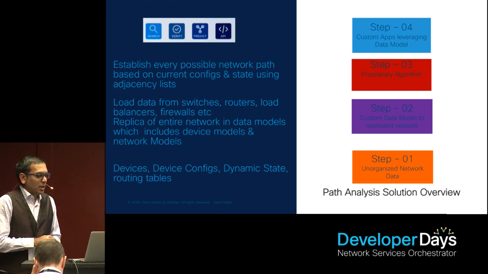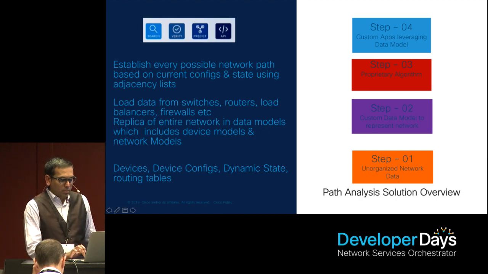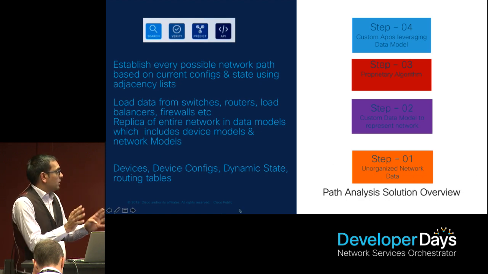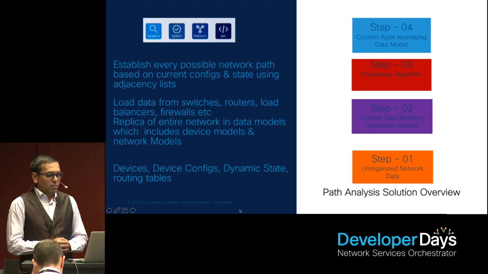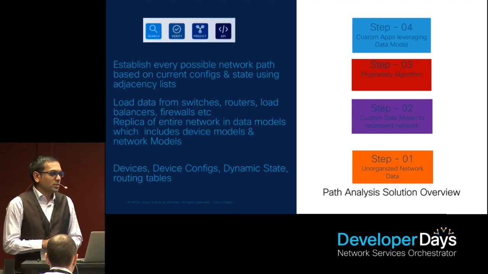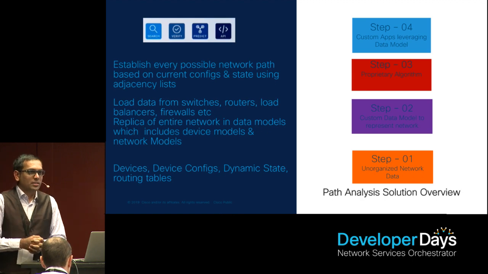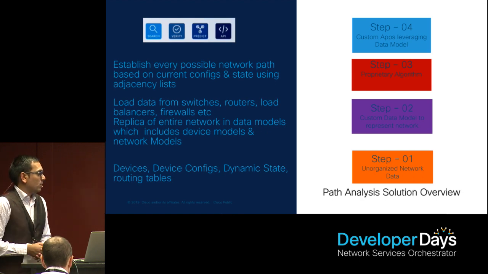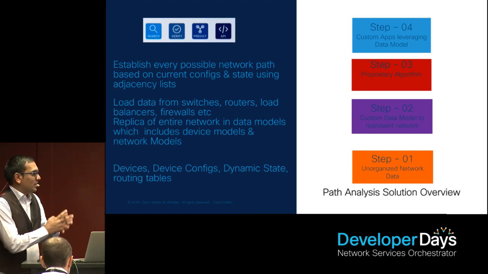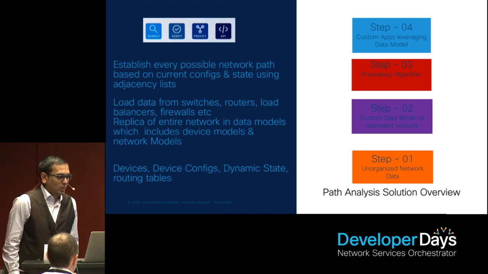So treating it as a mathematical model in our path analysis approach helps us consider the overall prism of the incoming packets: how it enters, where all it can go, how it can reach the destination, and what the return path is. And we'll see a demo of this architecture towards the end.